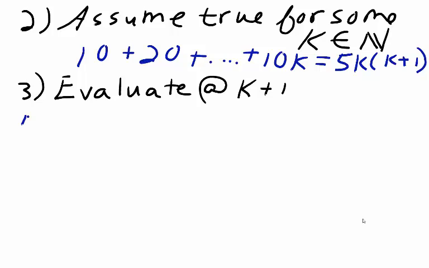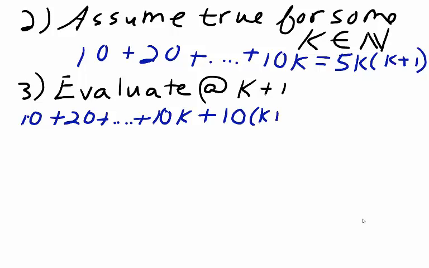So we have 10 plus 20 plus, and then our ellipses, plus 10k. Now, in addition to this, we add plus 10 times k plus 1. This becomes our new left-hand side of the equation.